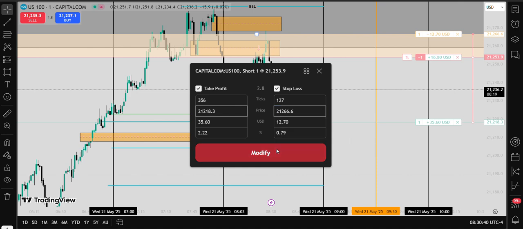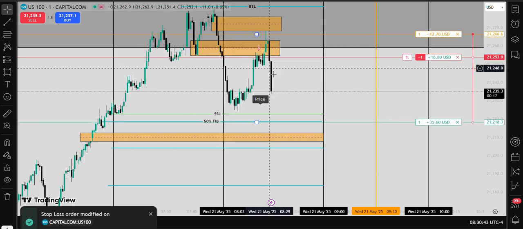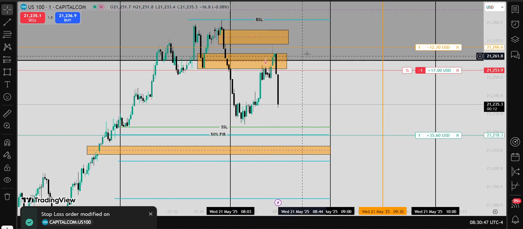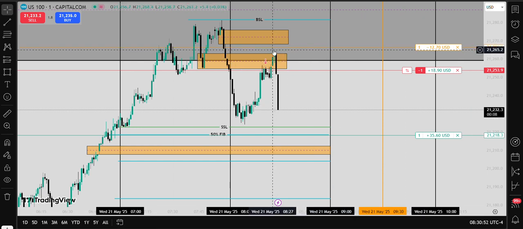above the 50%, let me teach something here. You see this wick that wicked out to touch the fair value. I've trailed my stop right above the consequent encroachment of that wick.